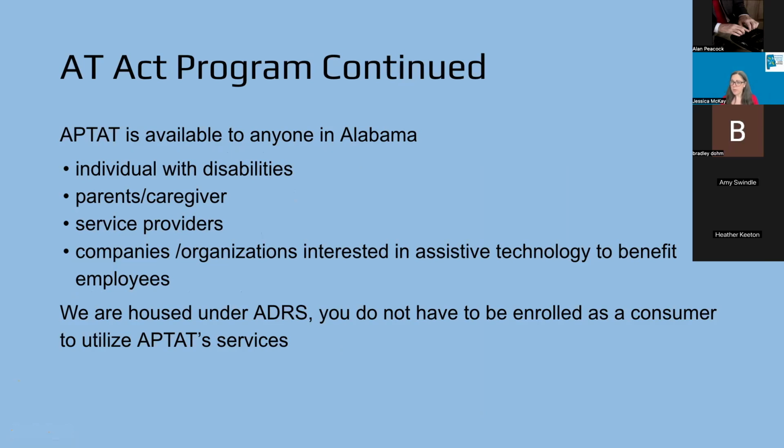We are a program housed under Alabama Department of Rehab Services, but you do not have to be a consumer or client of that to receive our services. So while they house us, that is not a barrier for you to interact with us and receive our services.